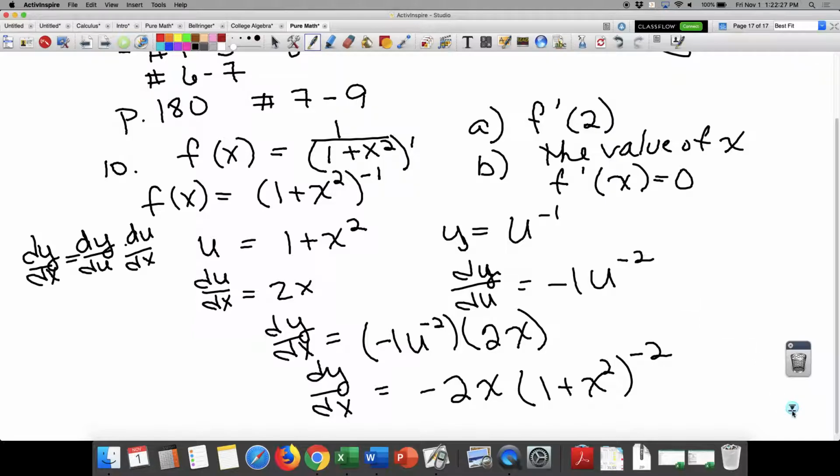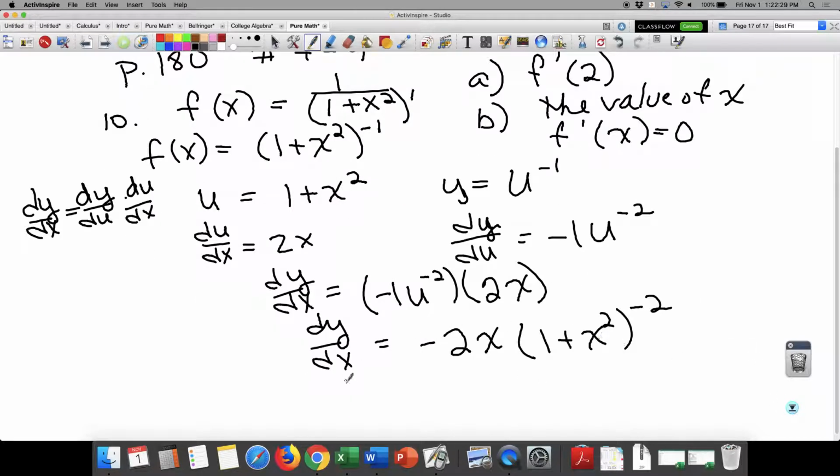So you take your calculator out and store 2 as x. I think it's negative 4 over 25. I think so too, but I'm not sure.